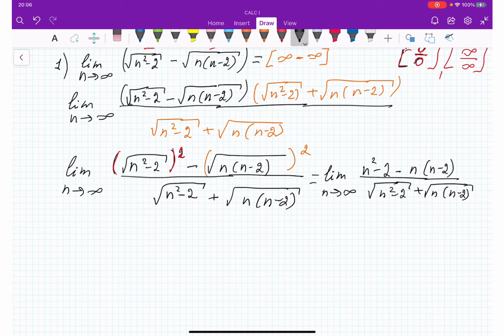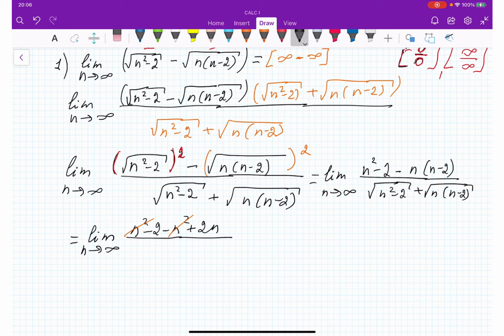This is equal to the limit as n approaches infinity of n squared minus 2 minus n squared plus 2n, where right away I can cancel this.